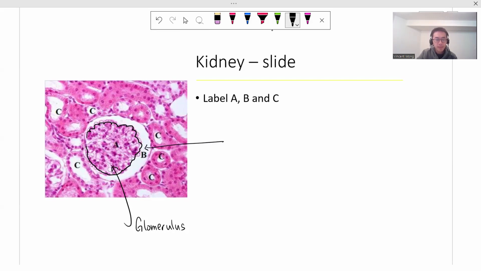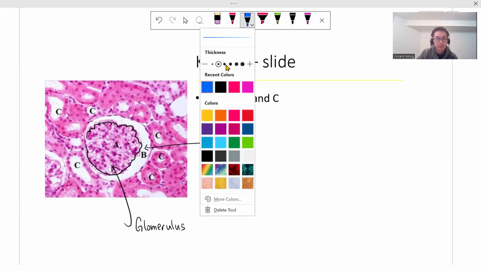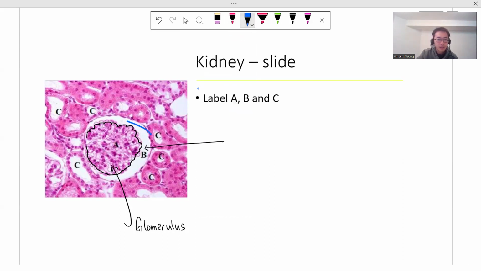And B is actually like this whole thing over here, I suppose. That, okay. That is the Bowman's capsule.